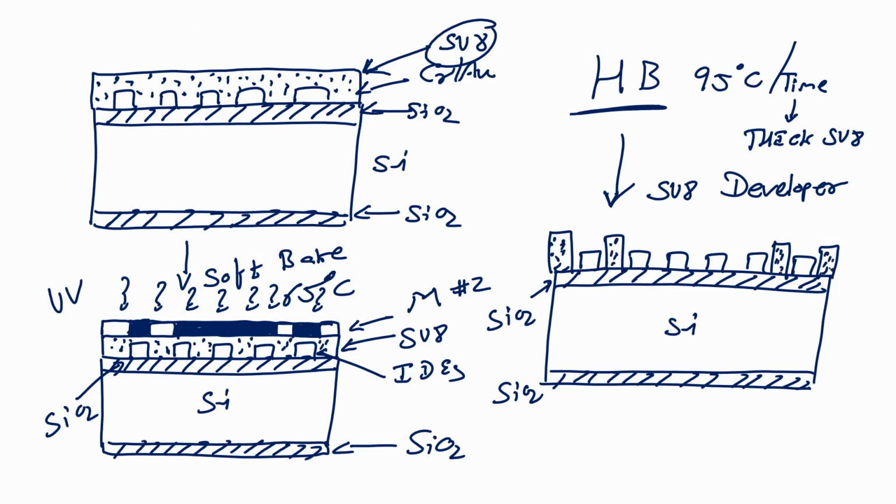I will have an oxidized silicon wafer with interdigitated electrodes inside an SU8 well. That becomes your chip, and on this chip what will we do?